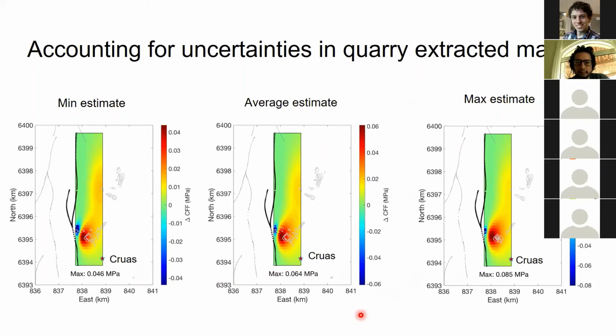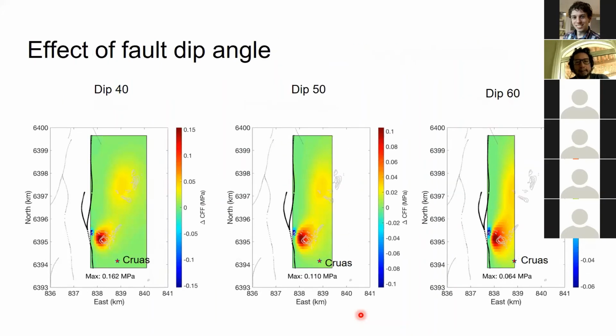And this change of stress is roughly about 4 or 5 times smaller than the Ledé. But as you can see, this value is still higher than the threshold stresses reported in the literature that could trigger earthquakes.